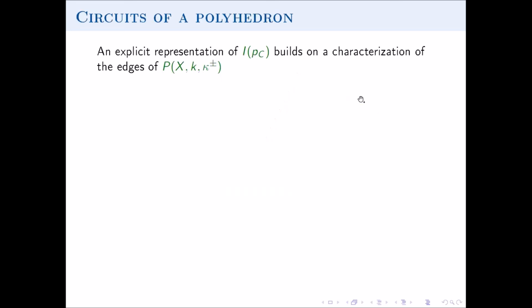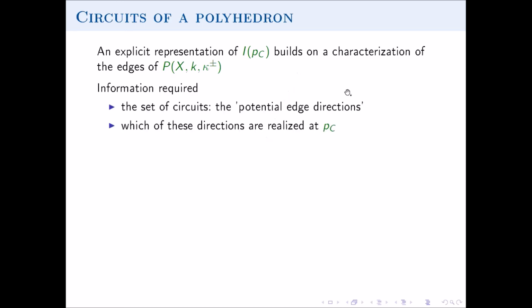An explicit representation of this inner cone would build on a characterization of the edges, and for this we need two types of information. We need to know the set of circuits. We've had several talks where these came up, so I'll be brief here. These are the potential edge directions. And we also need to find out which of these directions are actually realized at the particular vertex that we're considering.